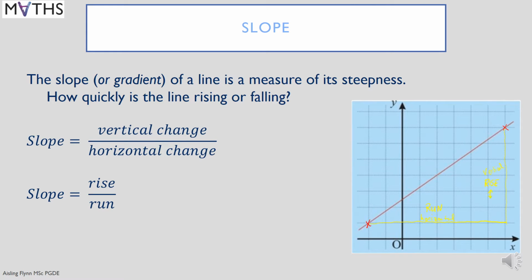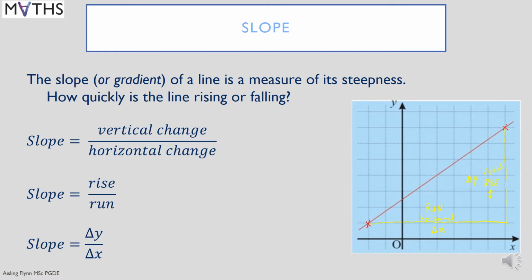Indeed, sometimes the vertical change goes downwards, so it can fall also. Other symbols that you use to describe these would be delta x for horizontal. That means the change in the x direction, using x as your horizontal axis, and delta y as your vertical change, or the difference in the y direction.